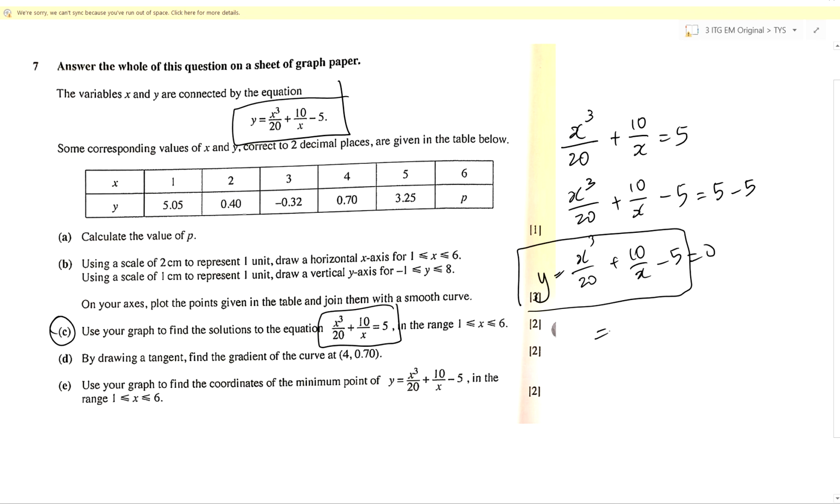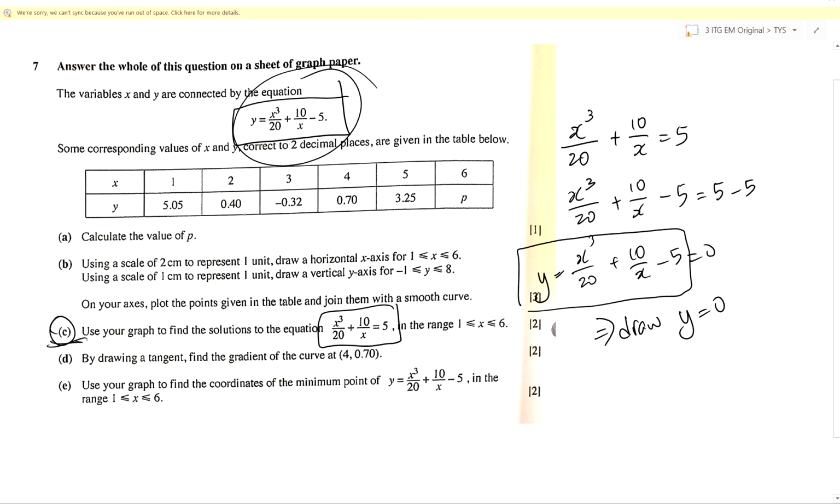In other words, we have to draw the graph of y equals to 0. What is the graph of y equal to 0? It's the x-axis. That means they are trying to ask you to find the points of intersection of this graph with the x-axis. That means the x-intercept will be the solution to part C.